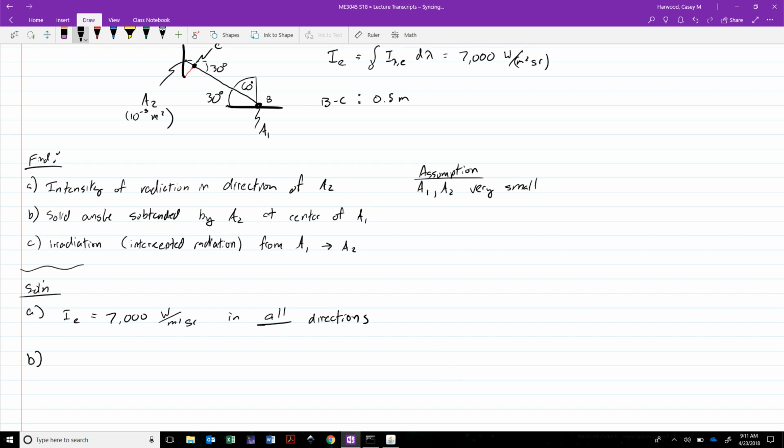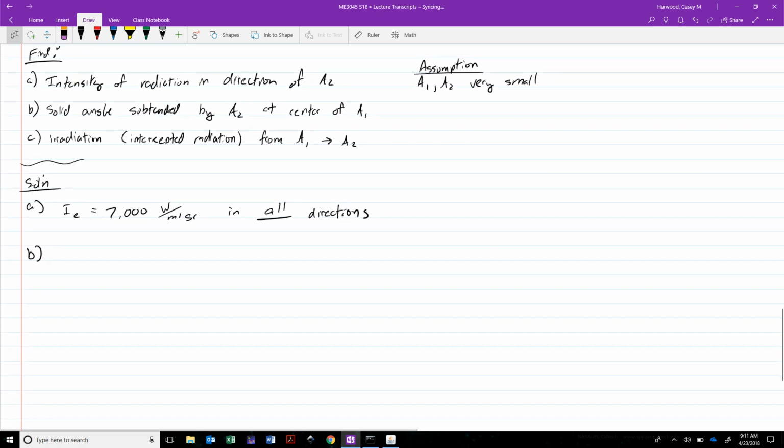For part B, what is the solid angle that is subtended by A2 at point B on A1? For this, we're going to draw another little sketch. Let's say this is A2.